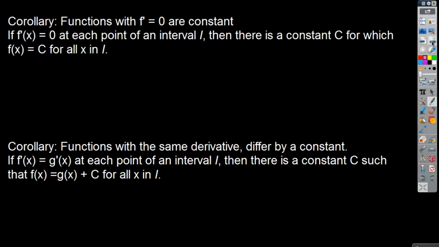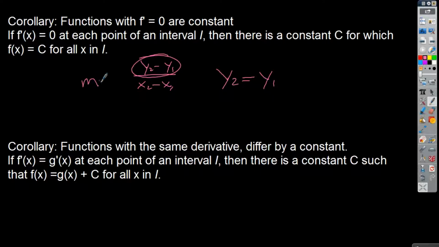So if I pick any 2 points, y2 minus y1 over x2 minus x1, we're saying if the derivative is 0 everywhere, well, the only time that the derivative is 0 is if y2 equals y1. That's the only time that I'll subtract the numerator and get 0. Remember, the denominator doesn't help me find zeros.